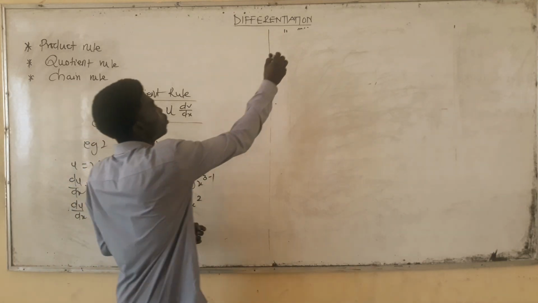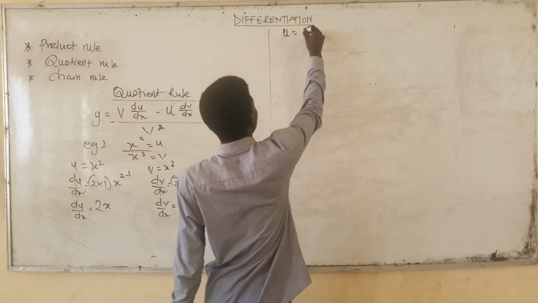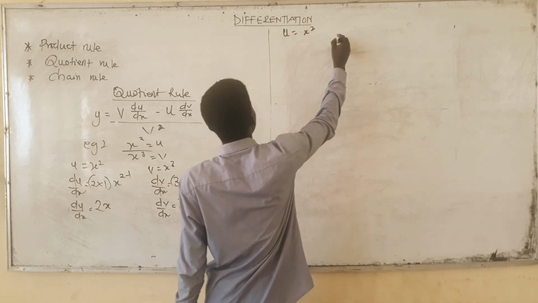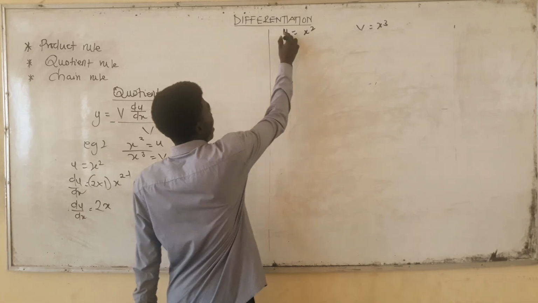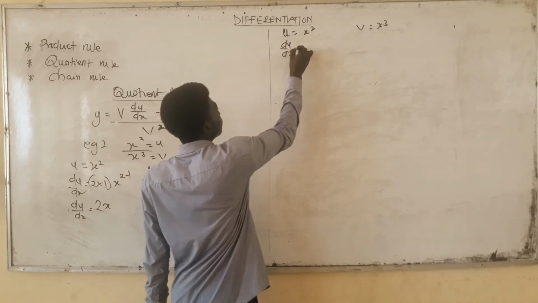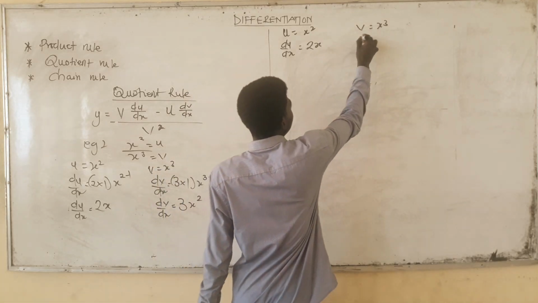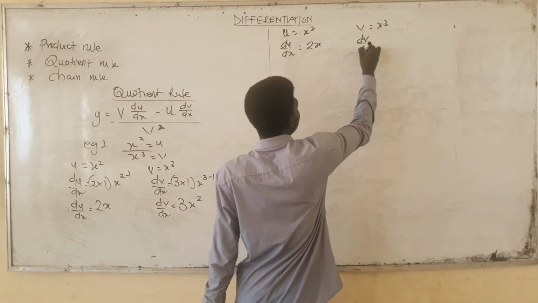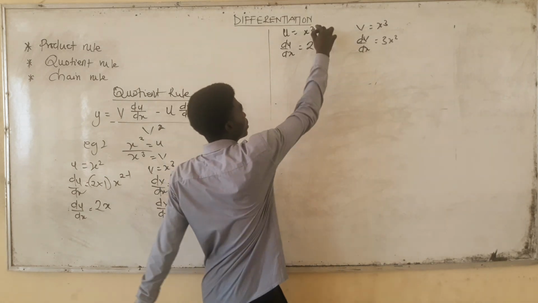So you now know that u is x squared and v is x cubed, right? And our du/dx is 2x, isn't it? And our dv/dx is 3x squared. Now you cross multiply.